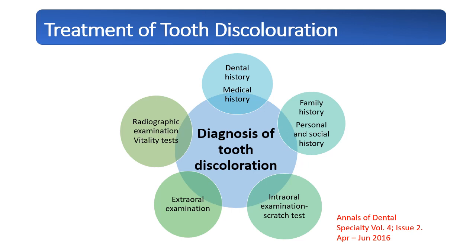Then intraoral examination and the scratch test. Scratch test is primarily done to differentiate between external and internal staining. External staining can be removed when a scratch test is performed, whereas in case of internal staining, it cannot be removed that easily. Then radiographic examination and the vitality test.